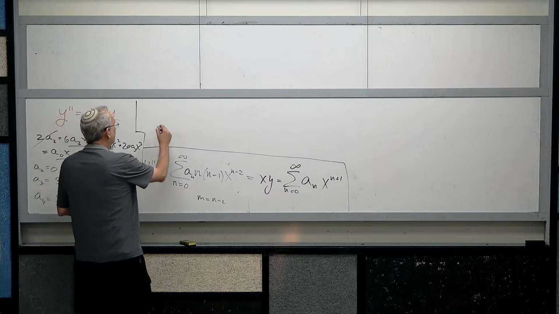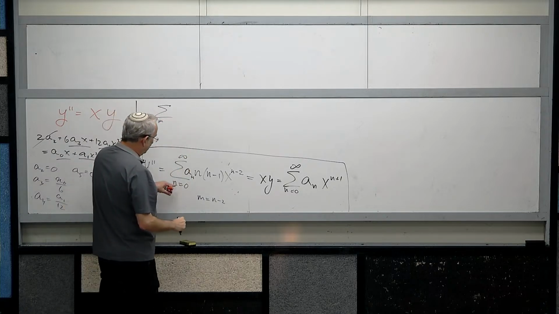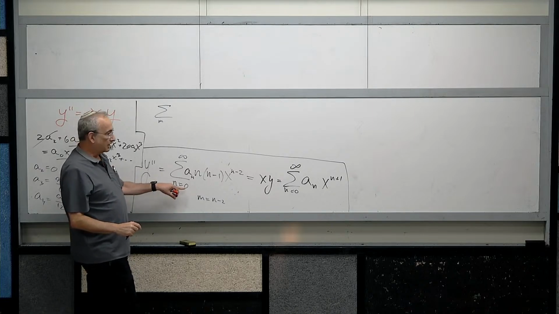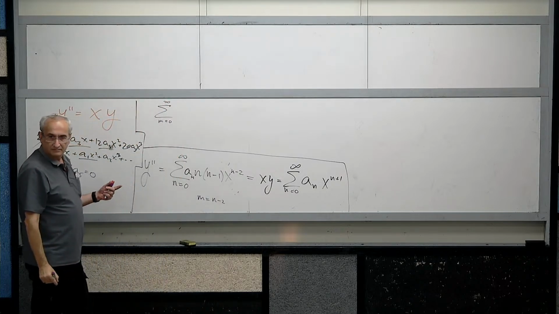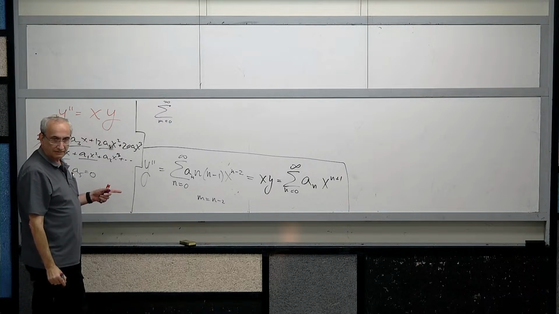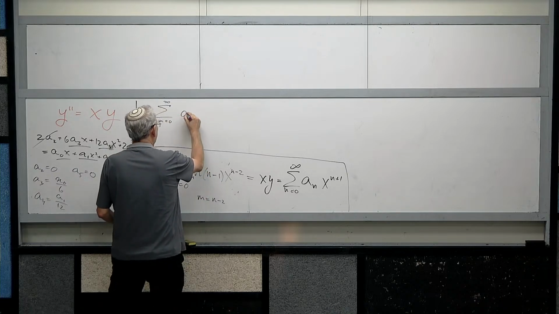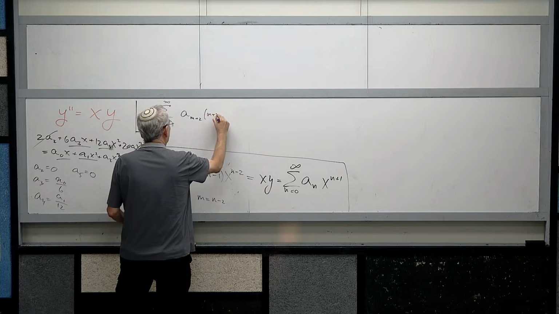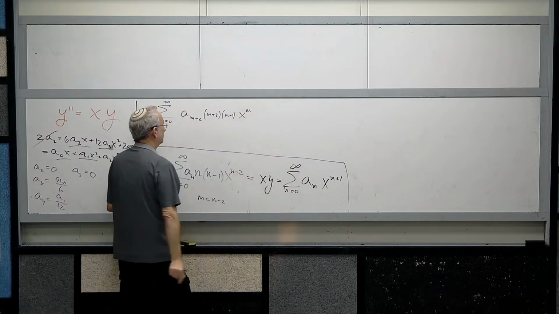And I will get the sum over m. Now, I know that the first two terms are not going to give me any contribution here, so I can start m from 0 to infinity. And I will write here a_(m+2) times (m+2) times (m+1) times x to the m.